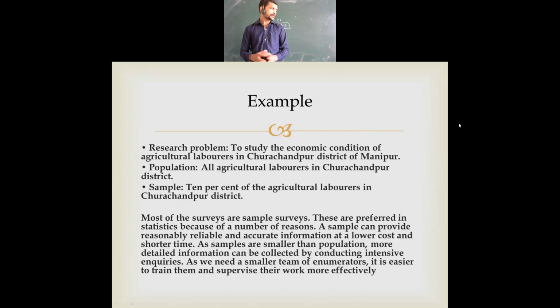As samples are smaller than the population, more detailed information can be collected by conducting interviews and inquiries. When you collect a sample from a very huge population, you can inquire for more detailed information, come to your conclusion and present the details.